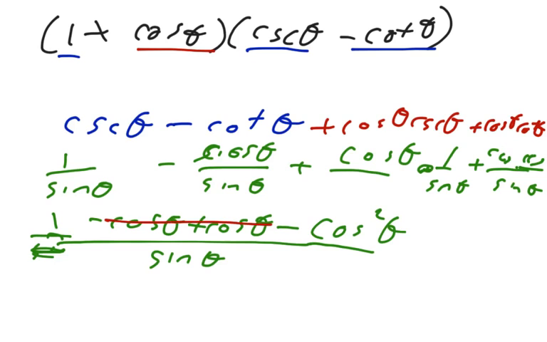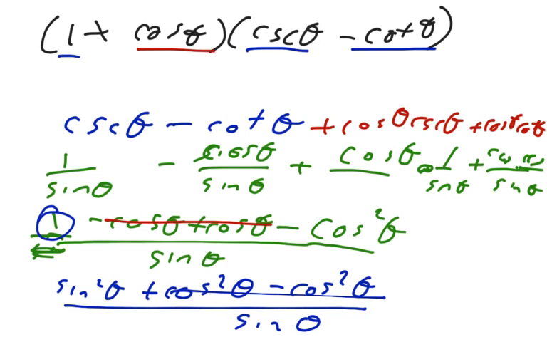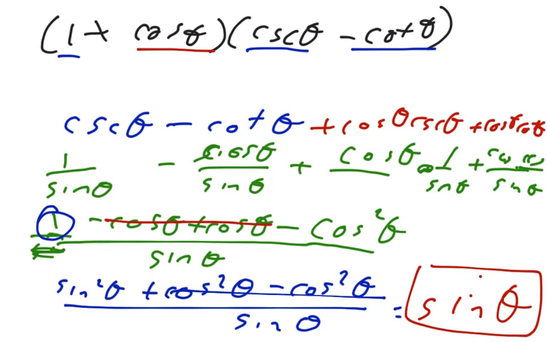Well, the negative cosine theta and the cosine theta cancel out. This 1 we can change to be sine squared plus cosine squared minus cosine squared over sine theta. And those two cancel out again because cosine squared minus cosine squared is 0. So if we have sine squared divided by sine, well, one of the sines cancels and I'm left with sine.